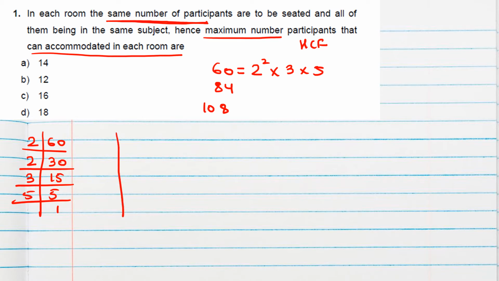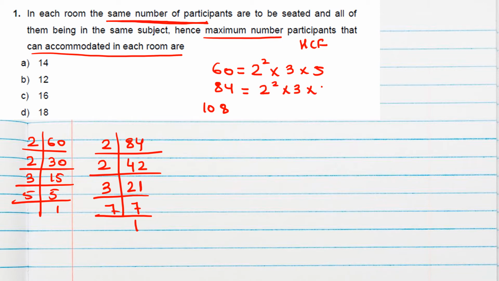Similarly, we can find it for 84. Start from 2, we get 42. Again with 2, 2 2s are 4, 2 1s are 2, 3 7s are 21 and 7 1s are 7. So 84 is 2 square into 3 into 7. And then 108.